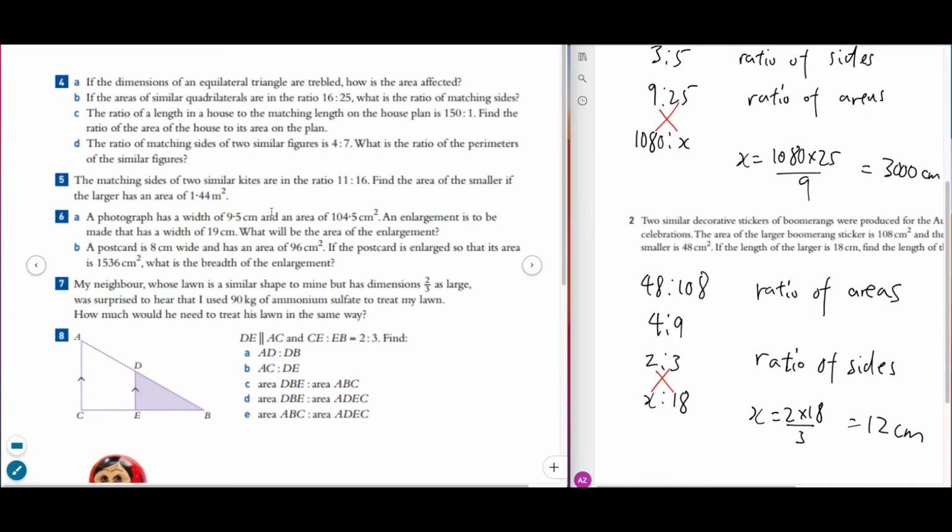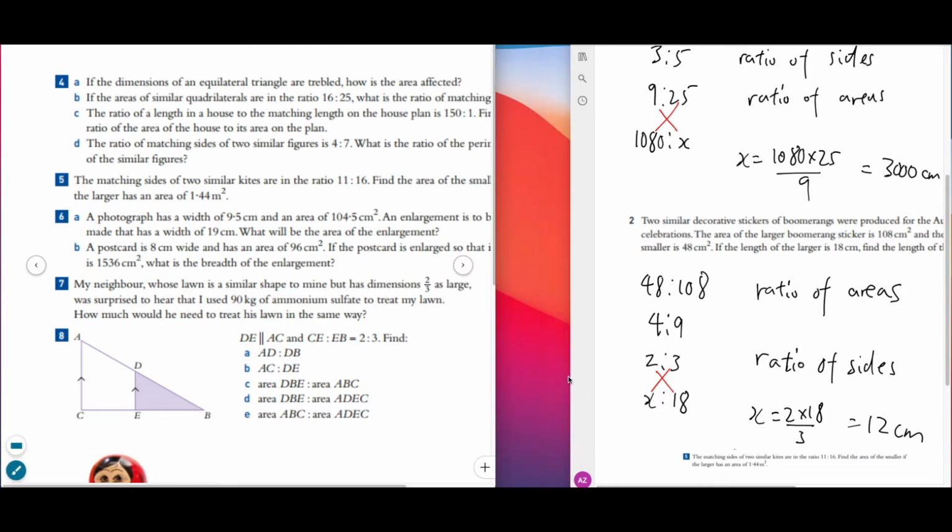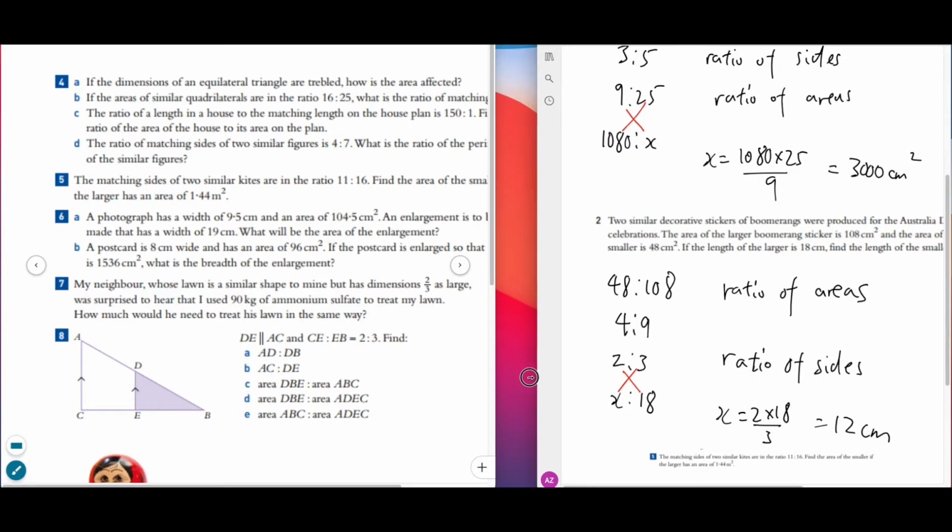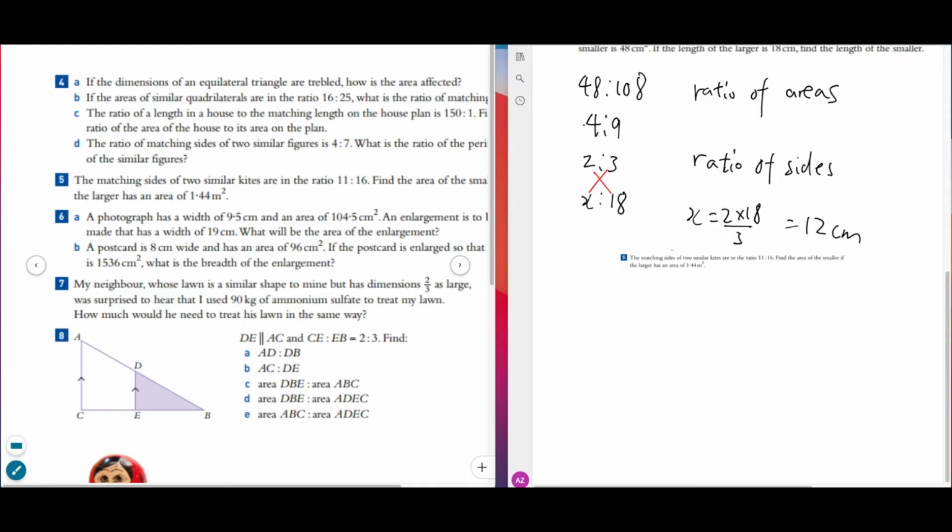So let's take a look at question 5, okay? Okay, let's take a look.